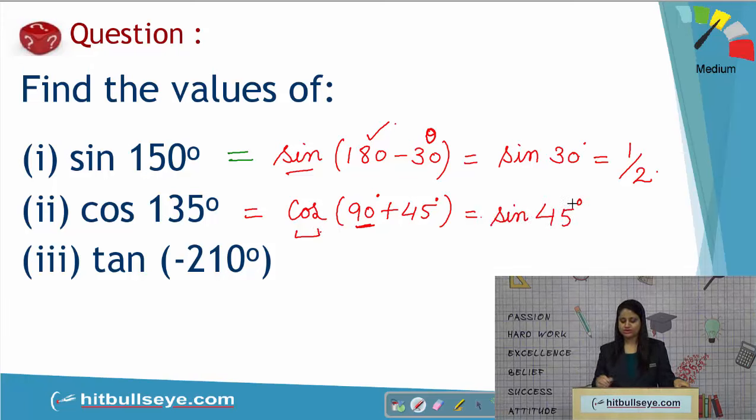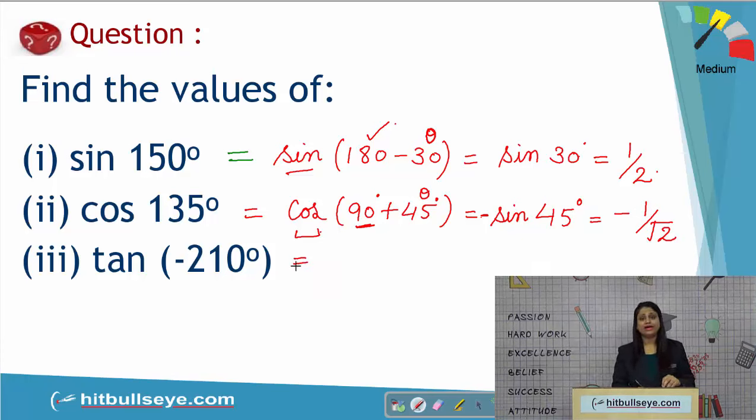Now time to assign the positive or negative sign. 90 plus theta is in the second quadrant. In the second quadrant, the original T ratio, cos, is always negative. So we will put a negative sign here. Now what is sine 45 degree? Remember the table? That is 1 upon root 2. So it will become minus 1 upon root 2.